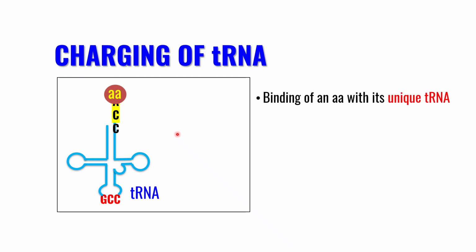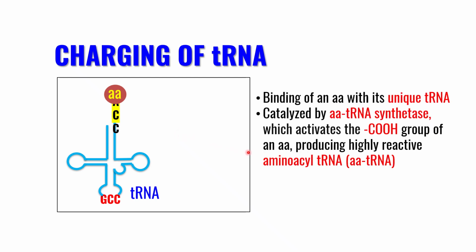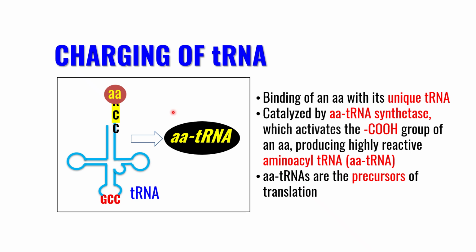This reaction is catalyzed by an enzyme called aminoacyl tRNA synthetase, which activates the carboxylic group of the amino acid, forming the highly reactive product aminoacyl tRNA. These are the precursors of translation. So amino acids are delivered in the form of aa-tRNA to the site of translation. These enzymes are highly special because they have a proofreading activity also.